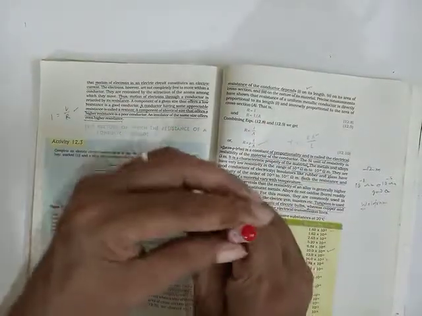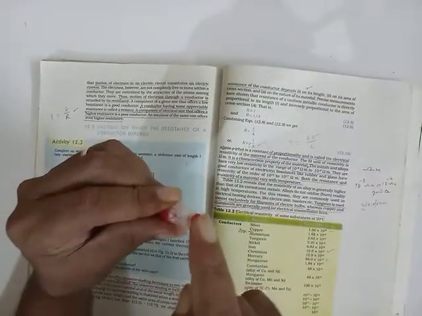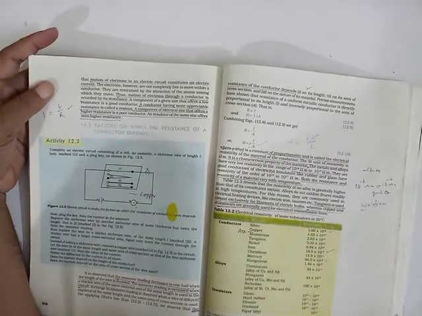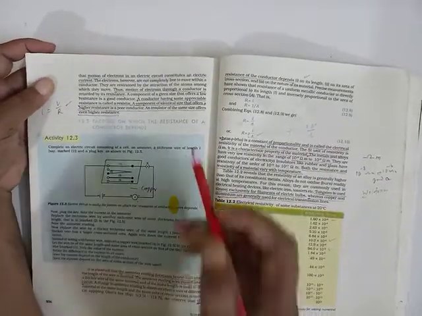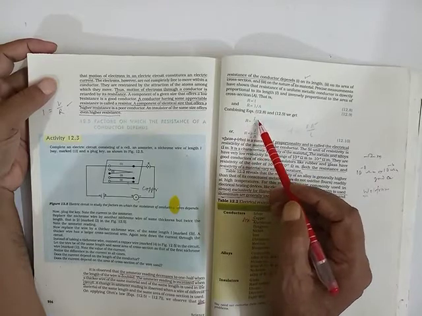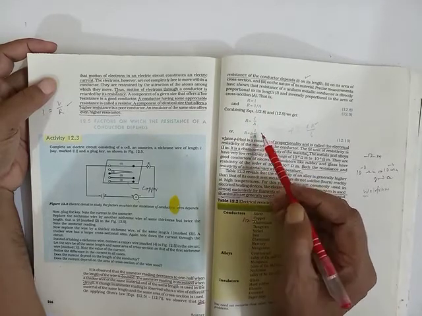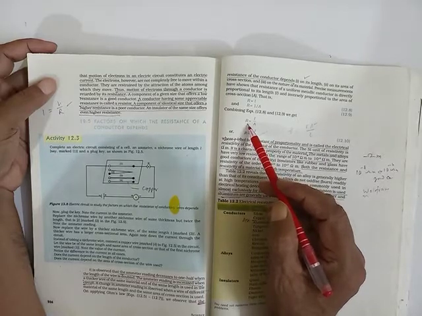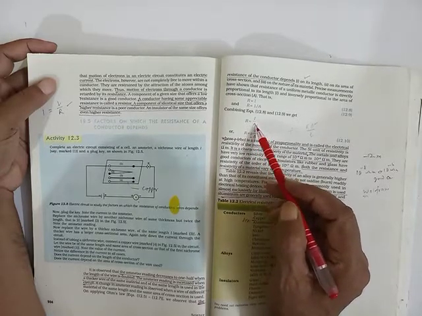Cross section means this. A thick wire will have more cross-section area and a thin wire will have less cross-section area. So if we combine these two together, R is proportional to L by A. Look here, there is a proportional sign.